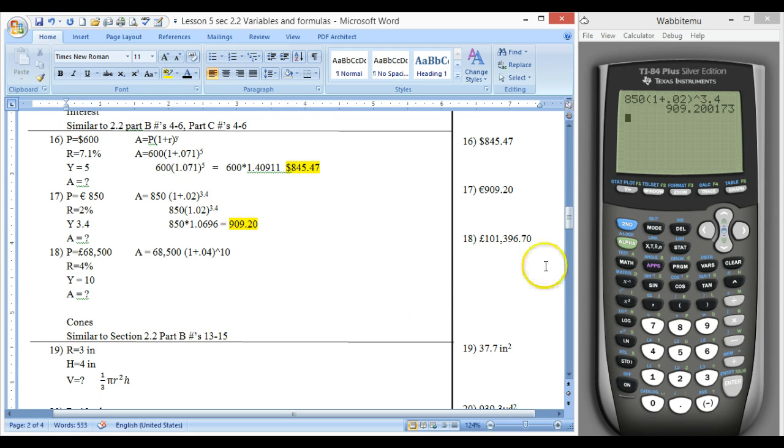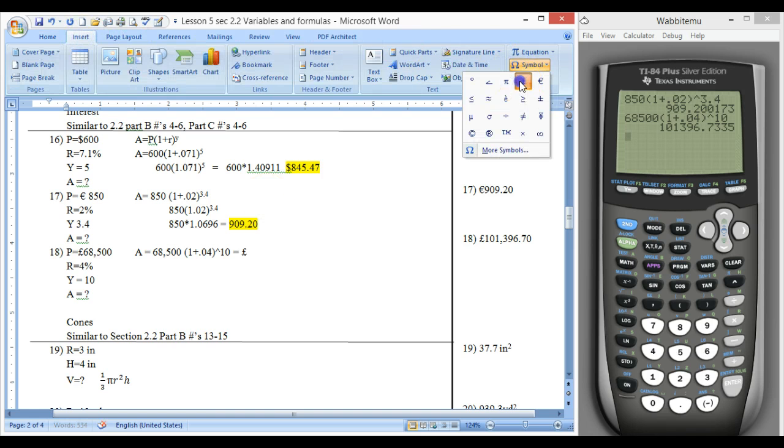Okay. Now it's just a matter of, I'm going to go ahead and just plug this into the calculator since I showed you. 68,500 times parenthesis 1 plus 0.04, close parenthesis, and raise this to the 10. There we go. Equals pounds.